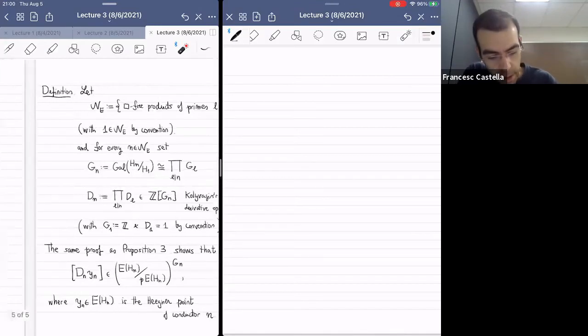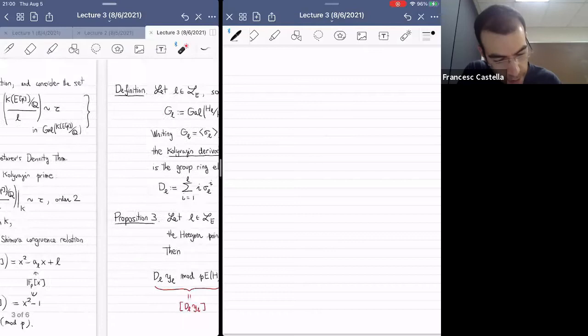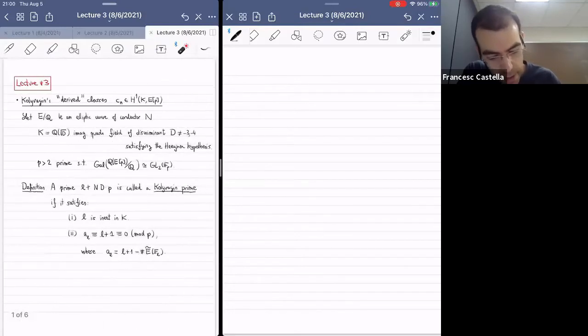But on the other hand, to be able to bound the Selmer group using the method we outlined last time, we need to produce a supply of classes, all defined over K. So the way Collivagen is going to achieve that is by first taking these Heegner classes of higher conductor, but then by applying these derivative operators, he's going to be able to massage them so that they become Galois invariants, and therefore they will descend to classes defined over K.